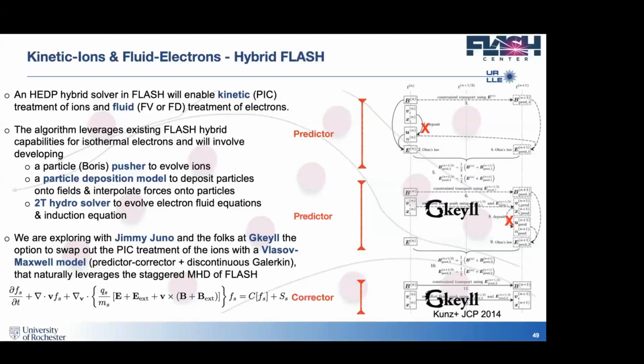Jimmy has worked on a spectacular new algorithm that uses a frame of reference that goes with the fluid. You can imagine it as a kinetic correction of the fluid properties that Flash computes already, coming from the moments calculated by Jekyll. So that's going to be the approach.